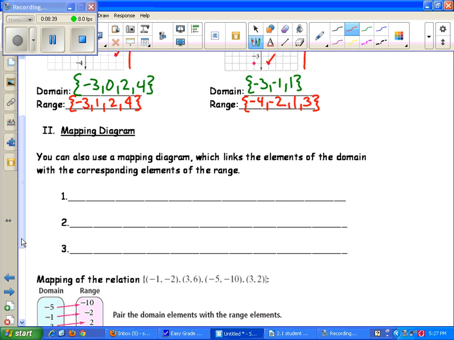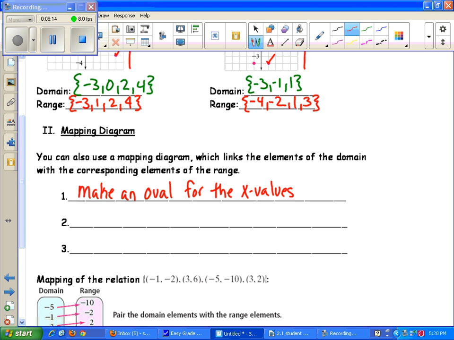Okay. So the next part we want to talk about is mapping diagrams. You can also use a mapping diagram, which links the elements of the domain with corresponding elements of the range. So when you're doing this, you make an oval for the x values.